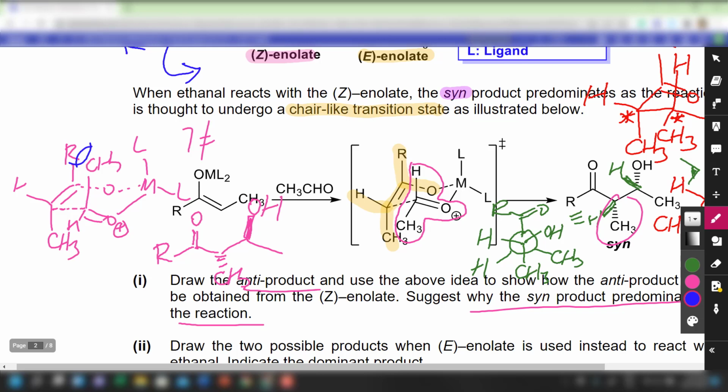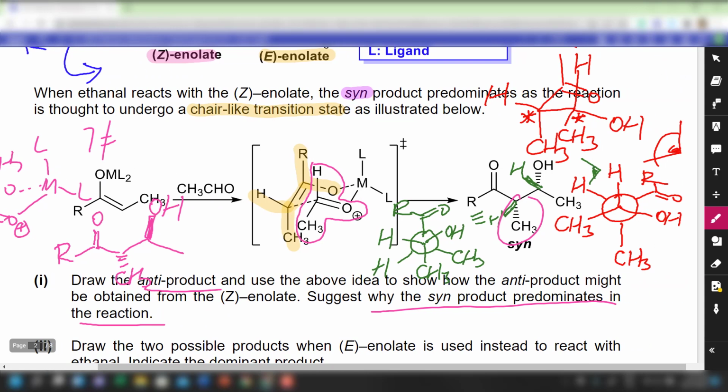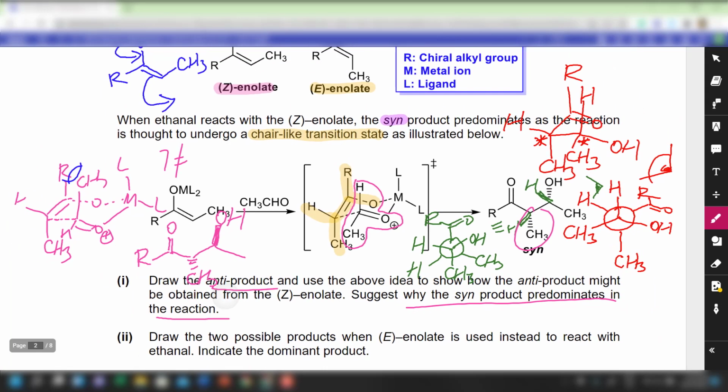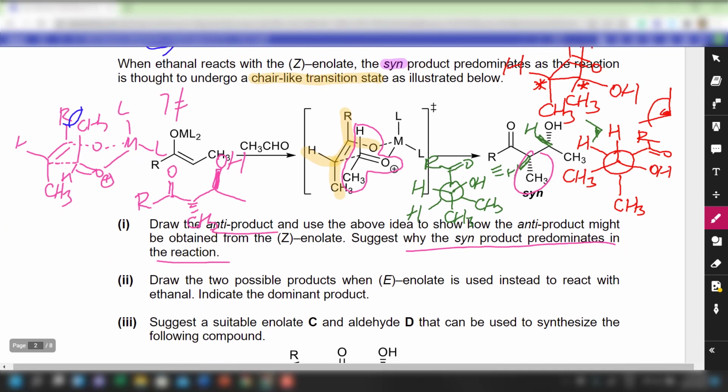Because of that, the transition state leading to the anti-product is of a higher electronic energy as compared to that of the transition state leading to the syn product. Because it's of a higher energy, the activation barrier leading to the anti-product is higher as compared to the syn product. Therefore the syn product predominates in this reaction.